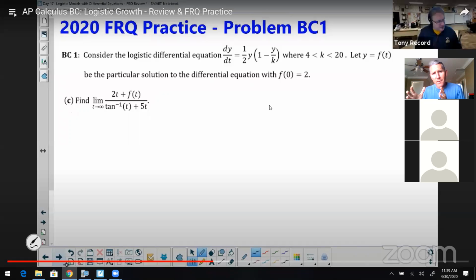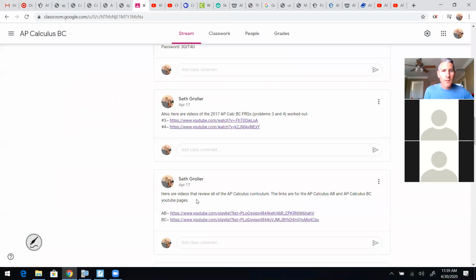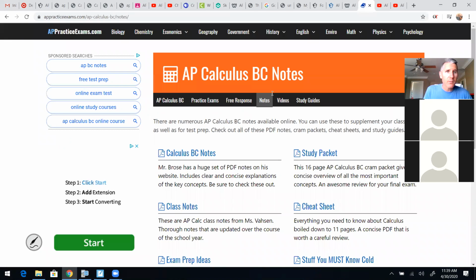If you want to focus on that, you can. I'm not going to assign that you have to do these problems from this year's test for the weekend, but I do want you to look at these problems from what I posted for the AP Calculus curriculum, appracticeexams.com.